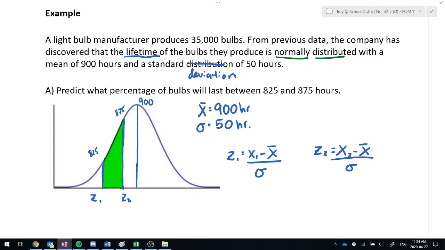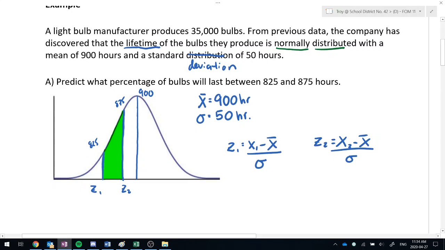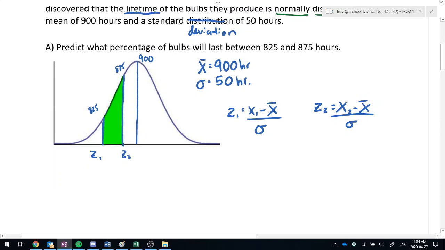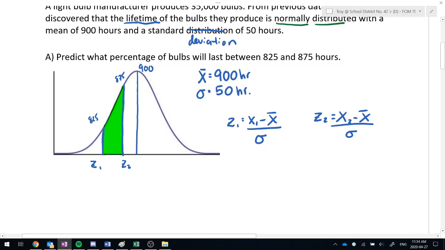It has to be discussing some duration, right? So what we're going to be using for x1 and x2 here are going to be these two values, 825 hours for the first one and 875 hours for the second one. This is going to be x1, this is going to be x2.